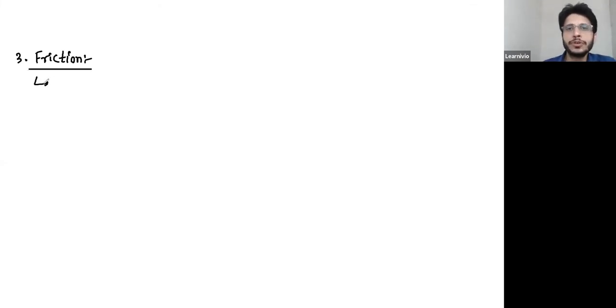After this, let's start with the third type of force, which is friction. Friction is an opposing force. This force opposes relative motion between two bodies.